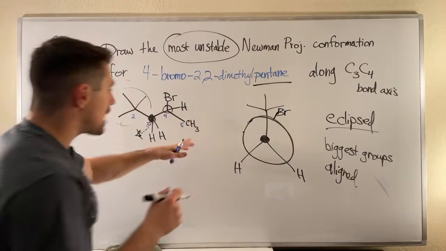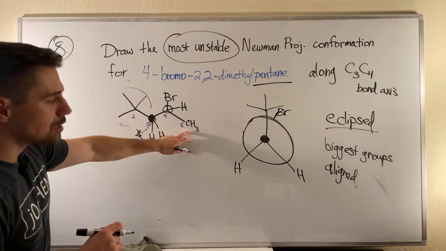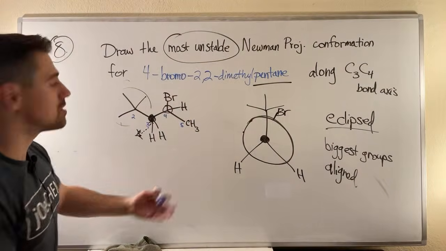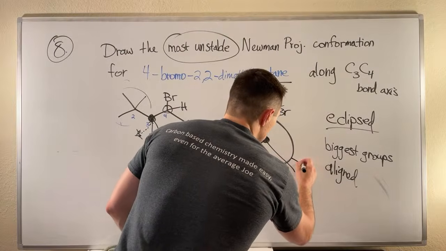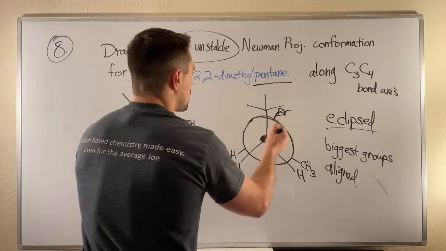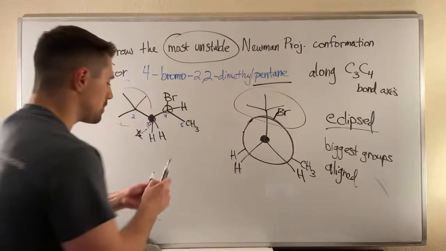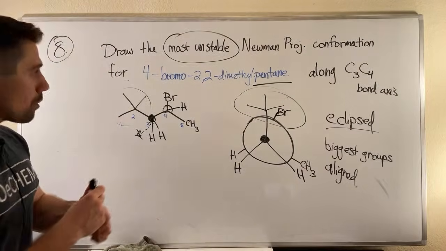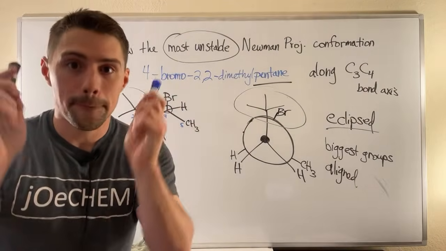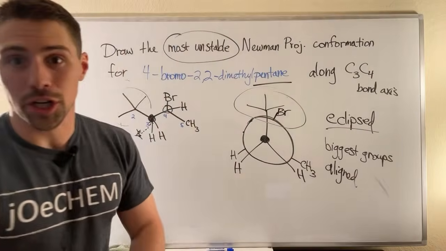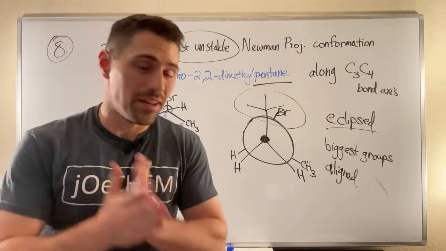And then from there, it actually doesn't matter where you put the CH3 and the hydrogen, because the two groups in the front are just hydrogens themselves. So I could put the CH3 down here and the hydrogen here. And the fact that these two are eclipsed right here means we have the most unstable Newman projection for 4-bromo-2,2-dimethylpentane.